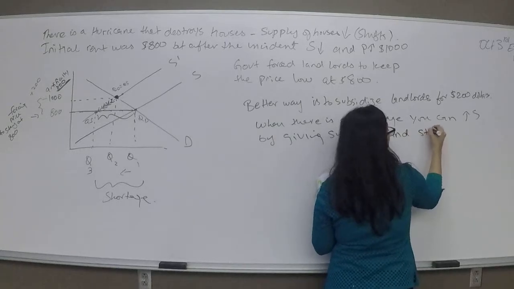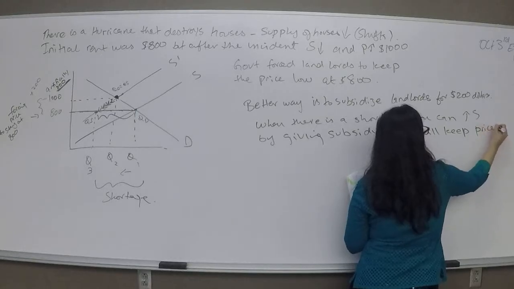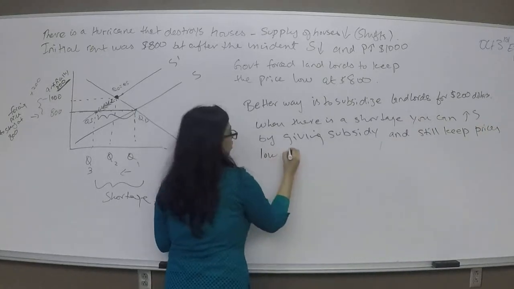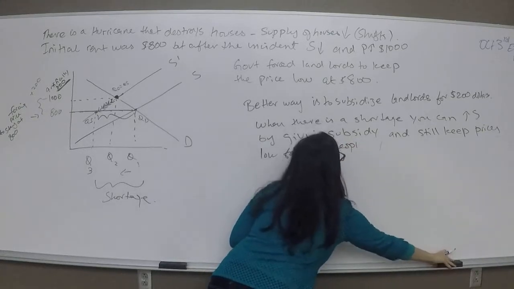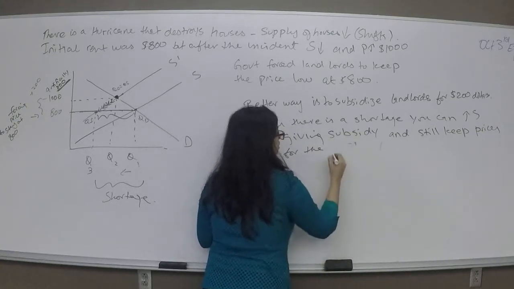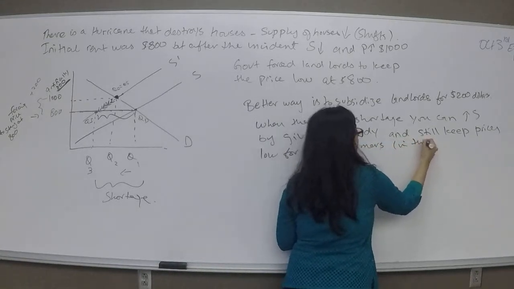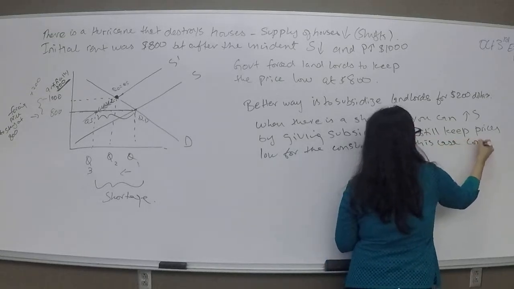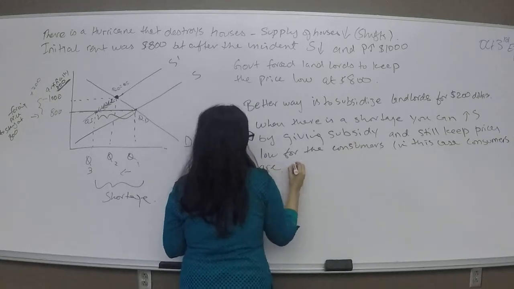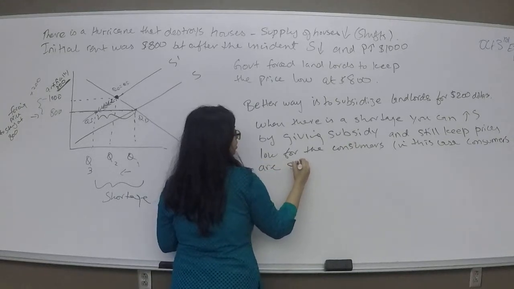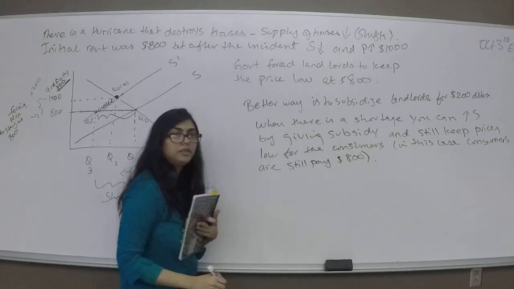And still keep prices low for the people or for the consumers. In this case, consumers are still paying 800, right?